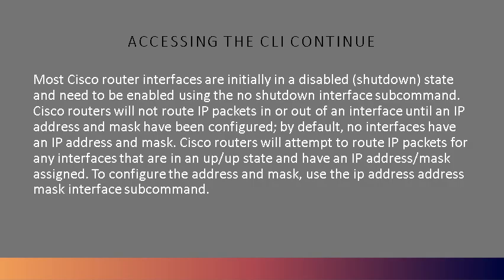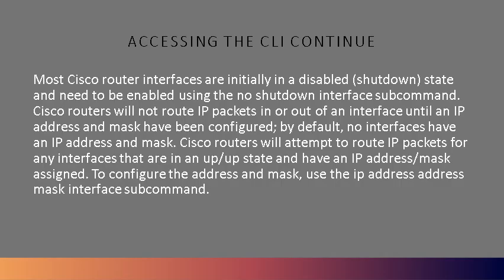Accessing the CLI continued. Most Cisco router interfaces are initially in disabled shutdown state and need to be enabled using a no shutdown interface subcommand. Cisco routers will not route IP packets in or out of an interface until an IP address and mask has been configured.